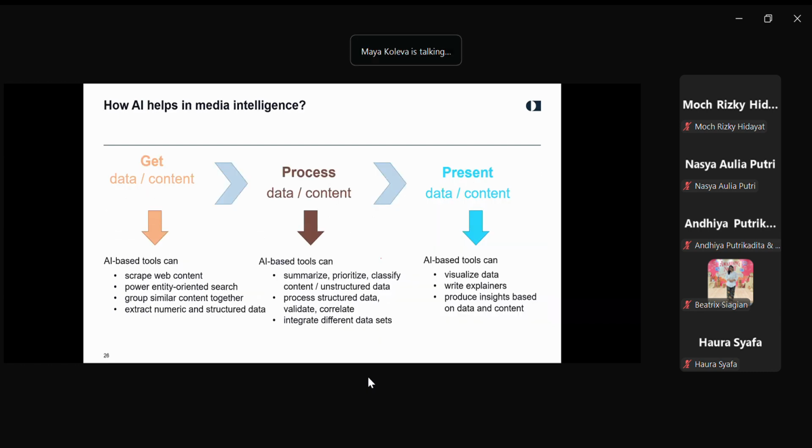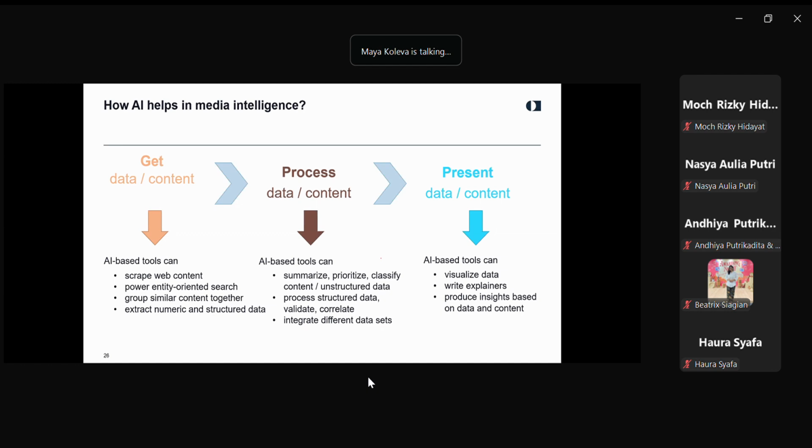So how AI helps in media intelligence, in very simple terms. It helps us get data and content, it helps us process data and content, and it helps us present this data. So AI-based tools in the getting phase can help us scrape web content, power the type of searching that we need to create a sample, group similar content together, extract different types of data.